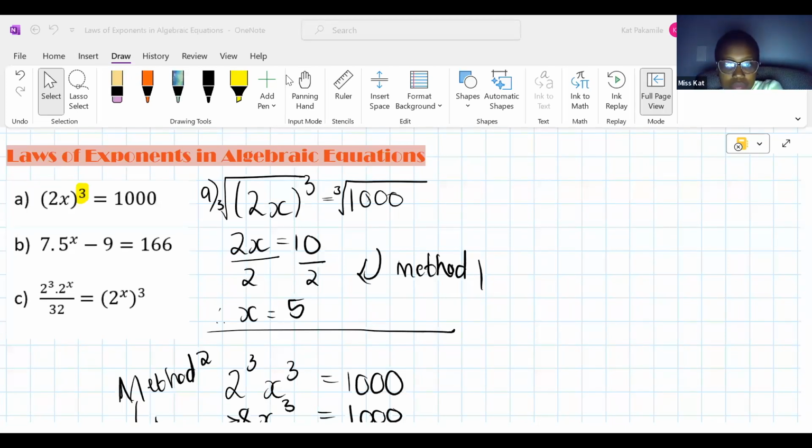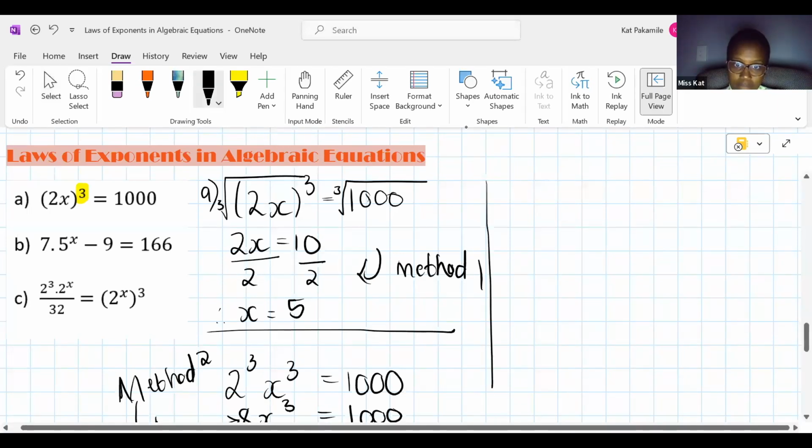Ma'am, can I do B with you? Okay, let's do B. So, ma'am, you take the -9 and put it next to the 166, which becomes positive. Equals 166 plus 9.